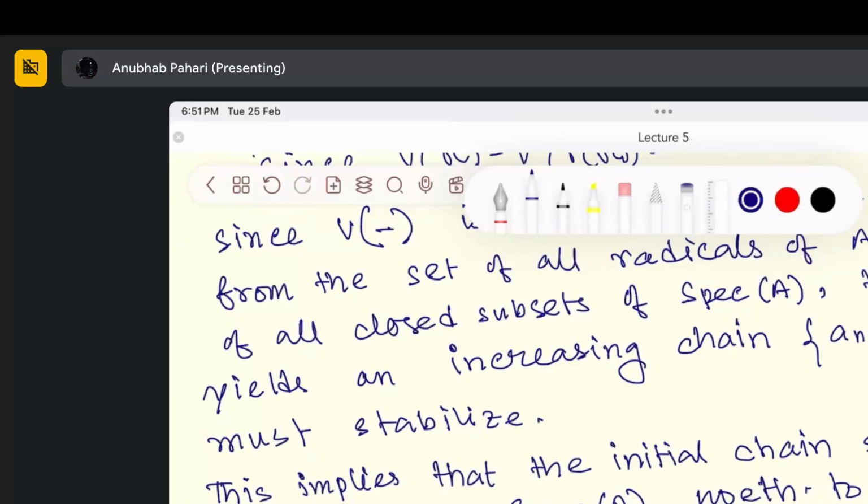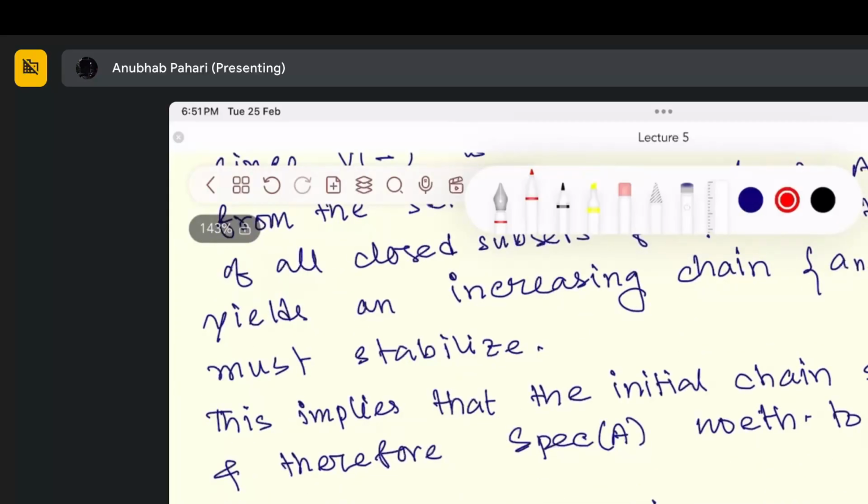So for example, let A equal k[x1, x2, ...] be a polynomial ring over a ring k with infinitely many variables adjoined.